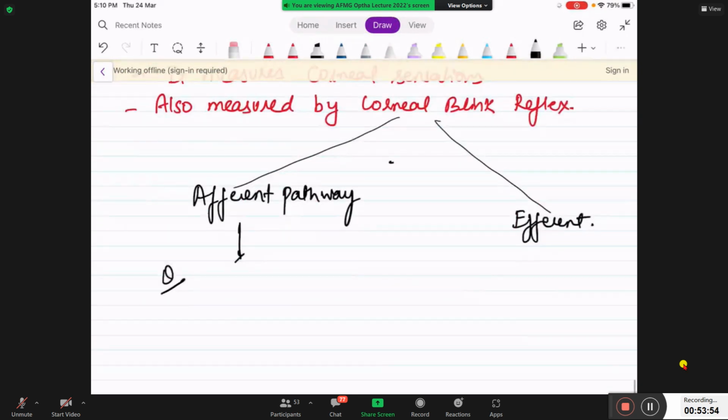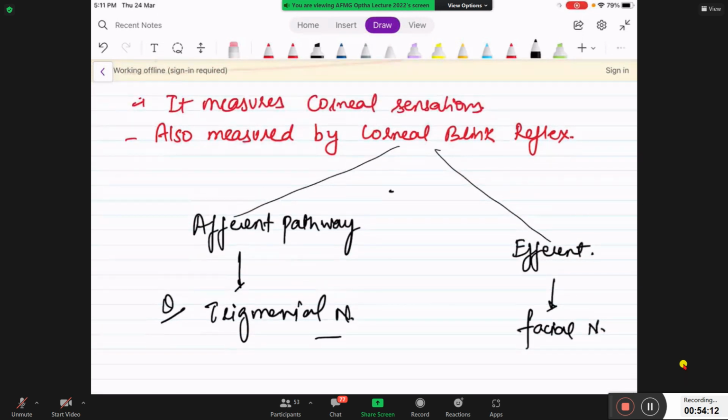Important question is that this afferent pathway is controlled by the trigeminal nerve, whereas the efferent pathway is controlled by the facial nerve. Efferent pathway of your blink reflex is controlled by facial nerve, and afferent pathway of the corneal blink reflex is controlled by your trigeminal nerve. Clear?